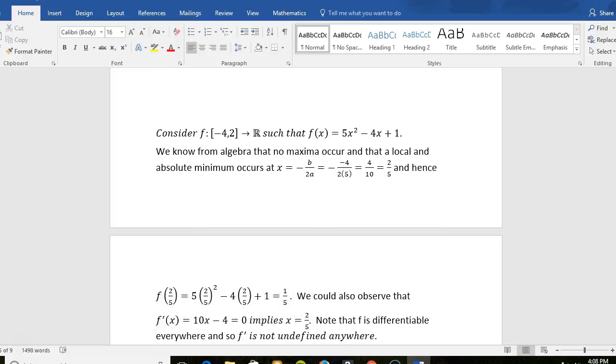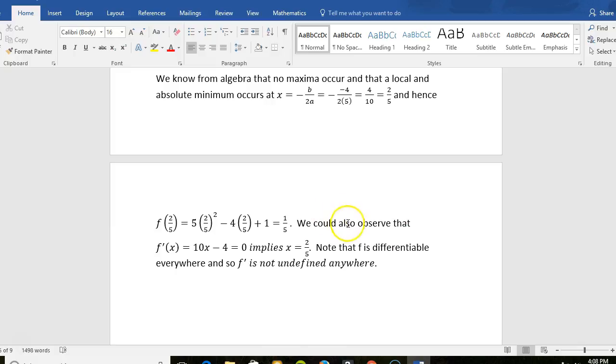That's my vertex. We could also observe that f prime of x is 10x minus 4, and we set the first derivative equal to 0 and get x equals 2/5. Then you'd plug that back into f, and same as before, you'd get 1/5.